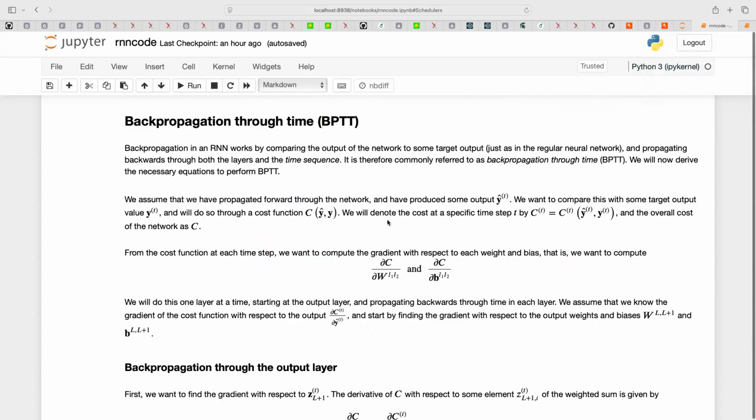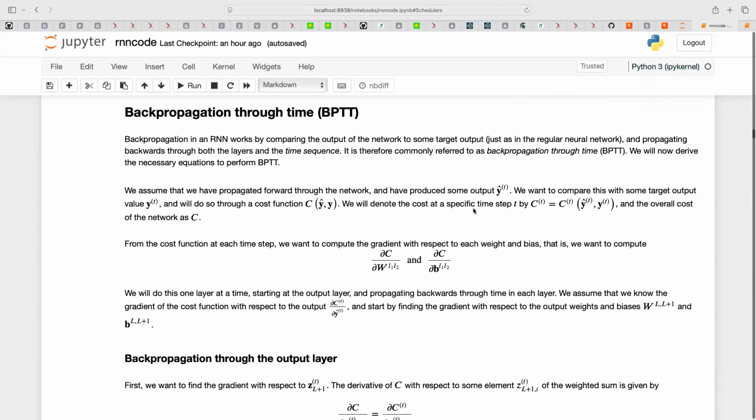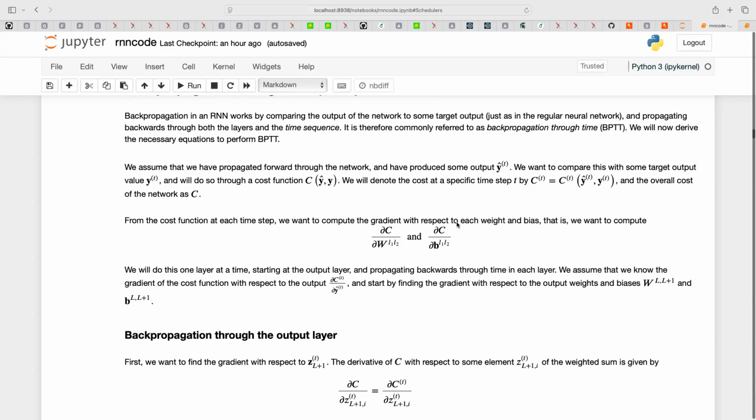So let's go back. So that means that at every time step, or every sequential step, if you don't want to use time, then we have a cost function or loss function, which then compares the prediction which we make with the value which we have observed. And then what we need is to calculate these derivatives of the weights and the biases.